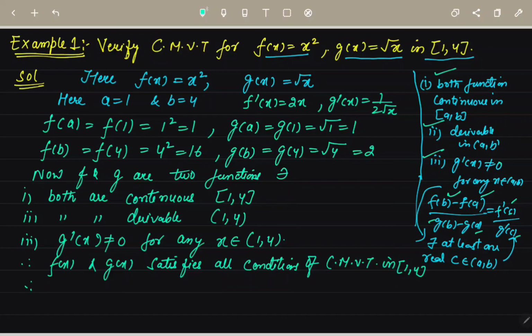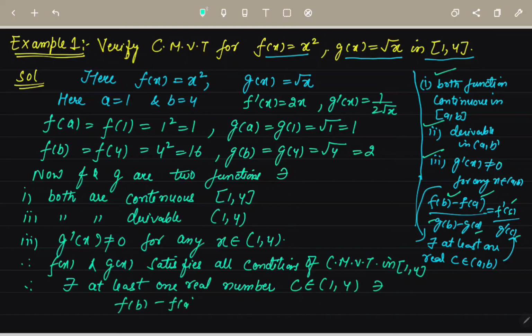So therefore what happens, there exists at least one real number c which belongs to this open interval 1, 4, such that f of b minus f of a divided by g of b minus g of a is equal to f dash c divided by g dash c.